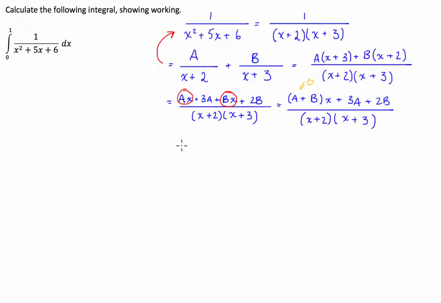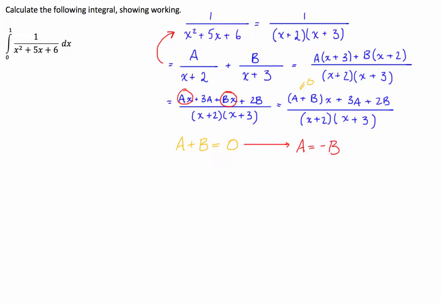So A plus B will equal 0. And from that, we can say that A is going to have to equal negative B, because we can move the B over the other side.